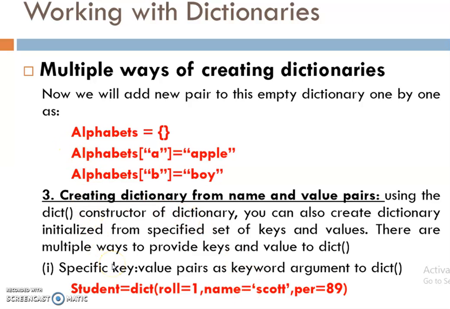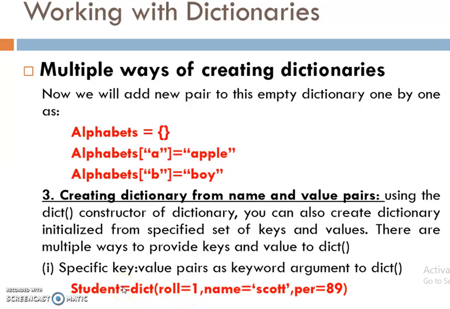Now we will add new pairs to this empty dictionary one by one. Alphabet of 'A' is equal to 'apple'. Alphabet of 'B' is equal to 'boy'. Here this A is a key, and this is the key value pair: A apple, B boy.